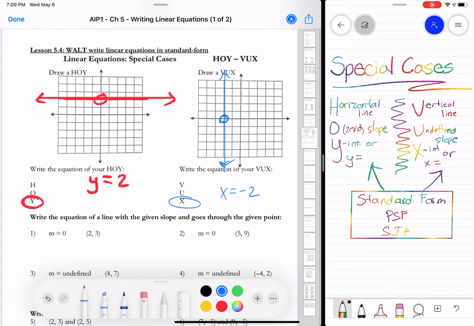That's it. Even though if my teacher or the directions tell me I want this in standard form, guess what? It's still x equals -2. Point slope form, x equals -2. Slope intercept form, x equals -2. That's it. You can't do it in any other formats. You can't turn it into a different equation because you only have one variable and you have one number. That's all you can do with it for special cases, right? This is why they are special cases.